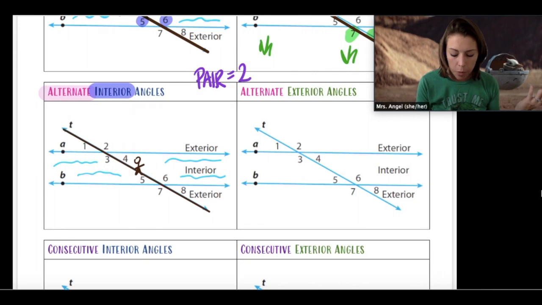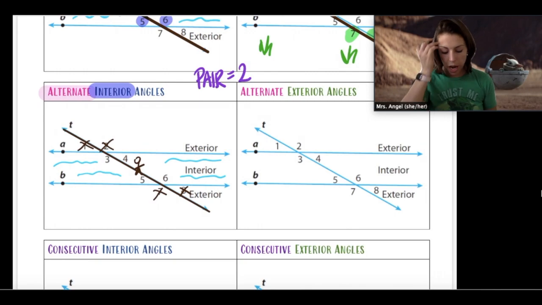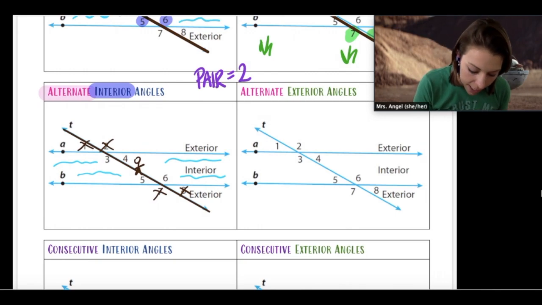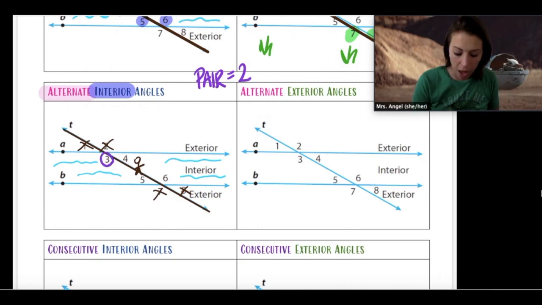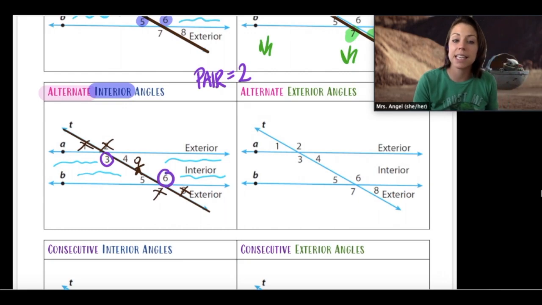So what angles can we eliminate here? We can automatically eliminate all angles in the exterior. We are not looking at those. So what are our alternate interior angles? Well, if I start with just 3, the alternate interior angle would be 6. It's the exact opposite, but it's still inside the river.